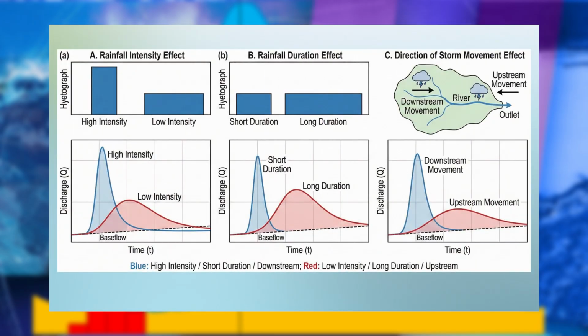Storm characteristics. Storm-related climatic factors such as rainfall intensity, duration and direction of storm movement have a direct impact on the flood hydrograph. Higher rainfall intensity results in greater runoff volume and higher peak discharge. Rainfall duration influences the rising limb and peak of the hydrograph.